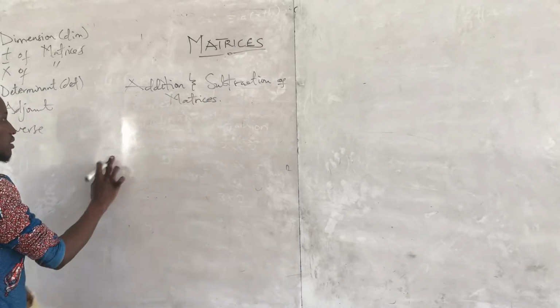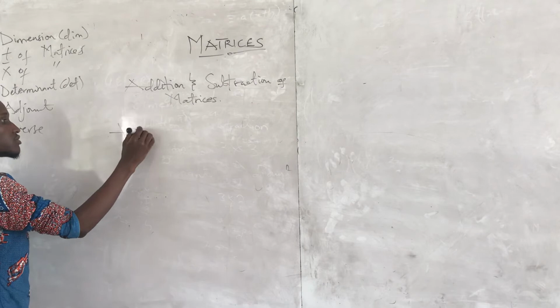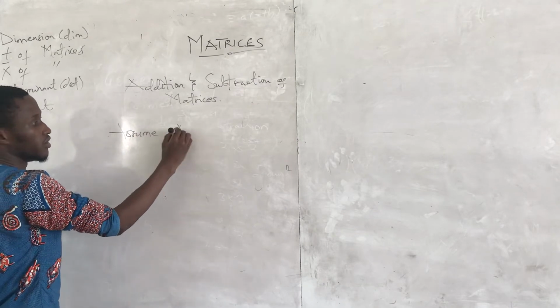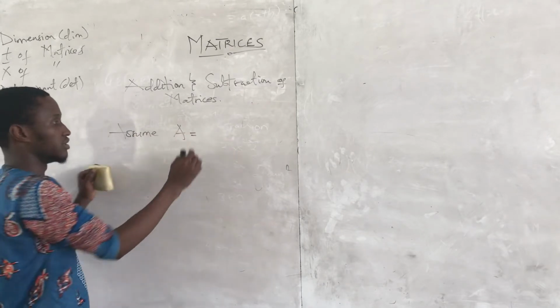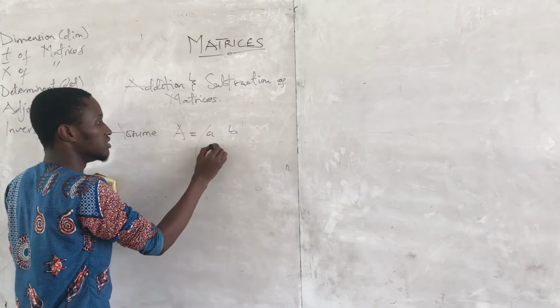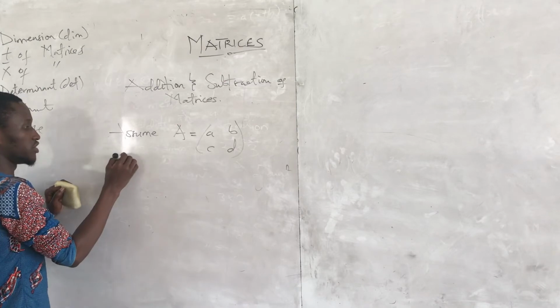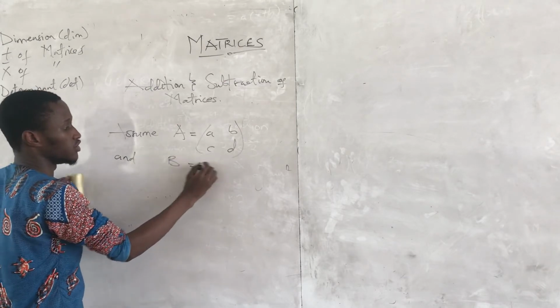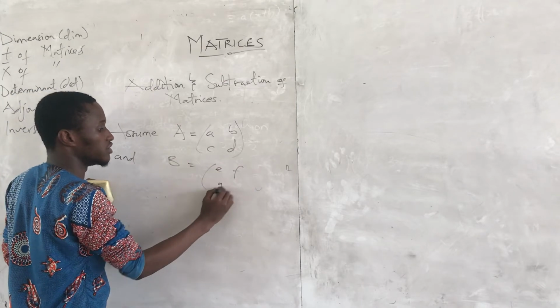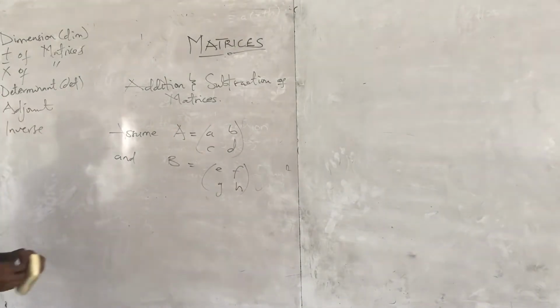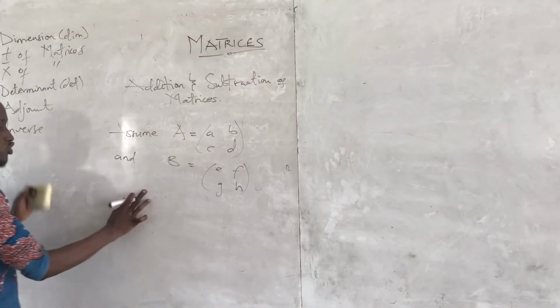So assume matrix A is A, B, C, and D, and matrix B is equal to E, F, G, and H. Then I tell you to add or subtract.